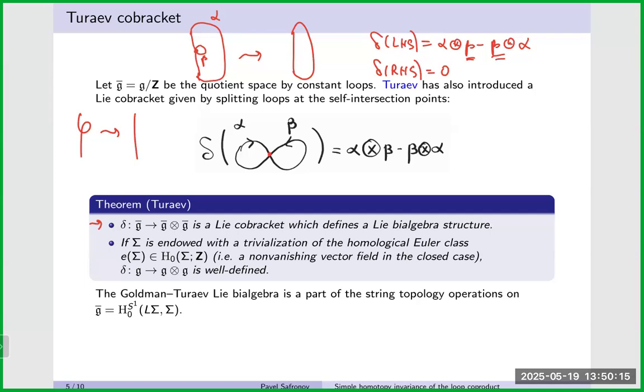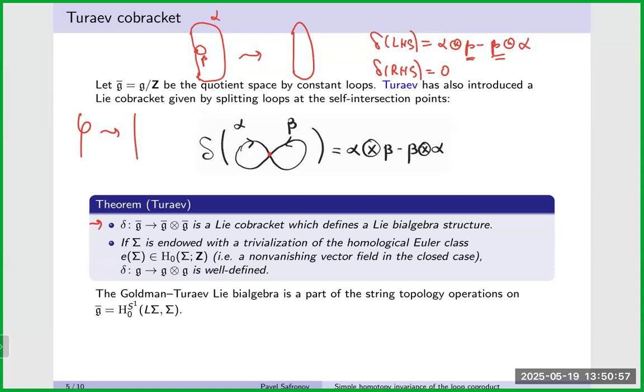And then you compute rotation numbers of the loops with respect to that vector field. Then the rotation numbers of the two sides will be different, since there's an extra rotation of the loop. So adding an extra term given by the rotation number also fixes the problem that it's not well defined. So there are two ways to fix this problem: either you look at something mod constant loops, or you look at extra structure.